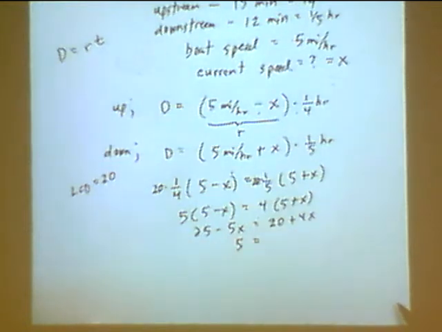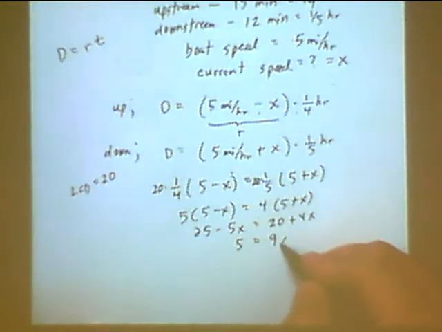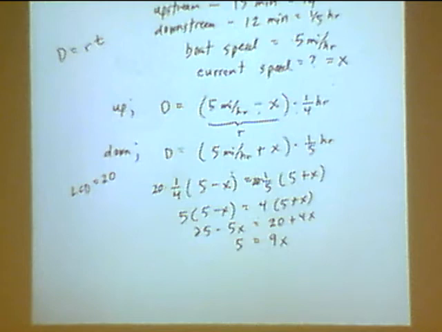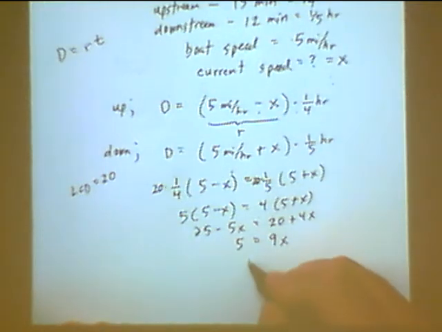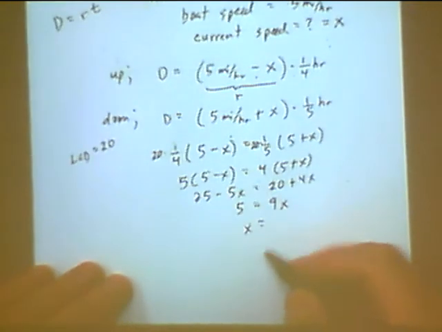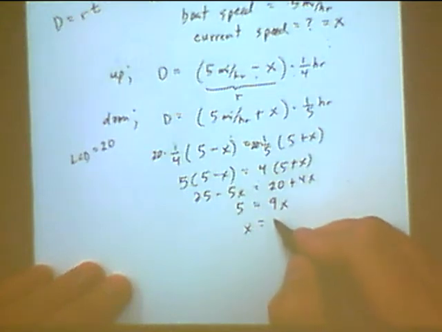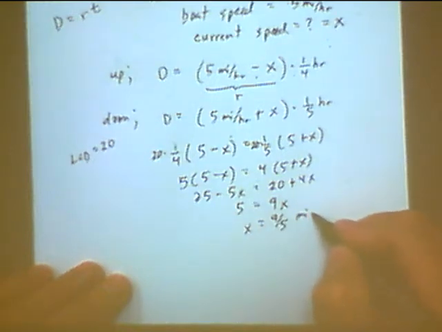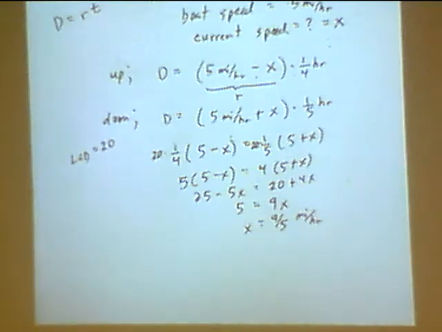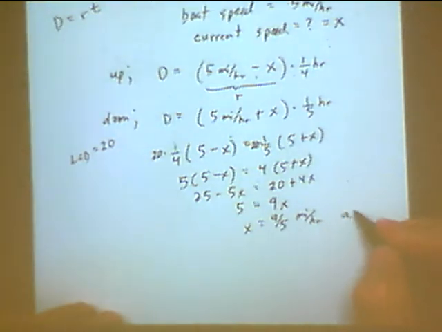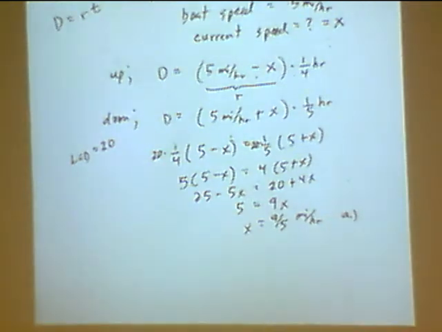And if I'm careful with my math, I end up with 5 equals 9x, and then to solve for x, divide both sides by 9. x equals 9 over 5. So this x is the current speed, so that's going to be in miles per hour. That's the answer to part A: find the rate of the current.